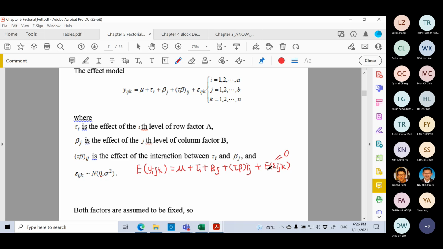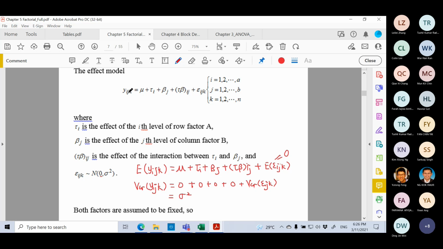We have the mean, and we also have the variance of yijk. As I mentioned, we are studying the fixed effect model. So mu, the overall mean, is a constant. This is a fixed effect model, not the random effect model. So the variance is 0 plus 0 plus 0 plus the variance of epsilon, which is equal to sigma squared.